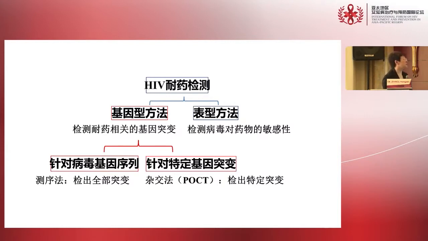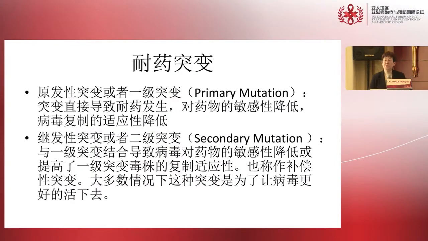Another type of drug resistance testing is phenotyping, and we look into specific loci of drug resistance, and we can have the entire landscape of drug resistance from those assays. In terms of mutation, it could be primary mutation or secondary mutation. The primary mutation means that the mutation occurs in the gene loci directly related to the enzyme of the virus.